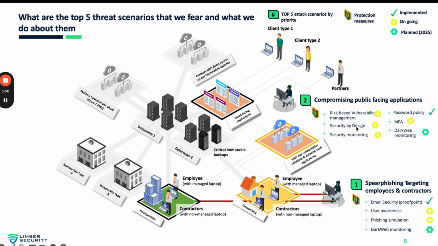You could present a program for security within projects or security by design, the monitoring that you are executing on those public-facing applications, password policy and MFA for the access of the clients, but also dark web monitoring to evaluate whether the accounts used by those clients and partners are leaked in databases.